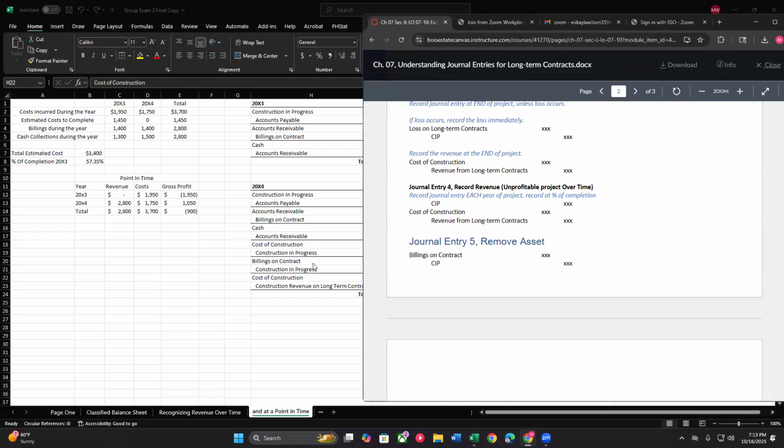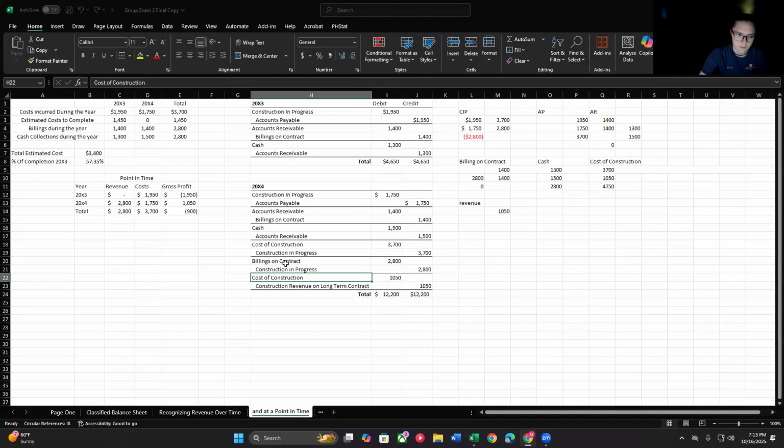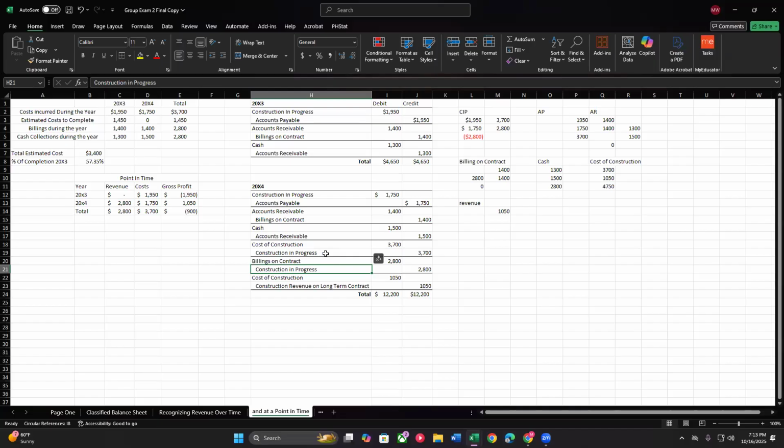Let me see. So I guess the billings on contract is with the CIP. That's journal entry 5 here to remove the asset. So that one is correct. That's supposed to stay there. So it's most likely this one that the construction in progress is different on. Yeah, but our CIP is 2,800 too much.